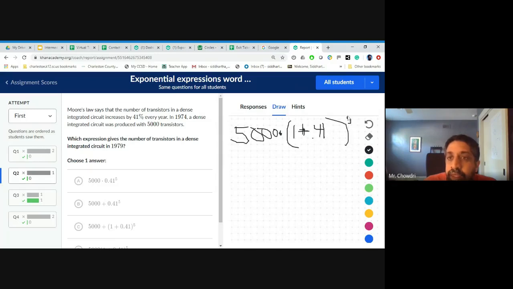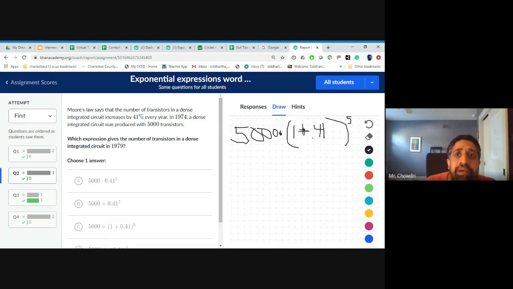Okay, so that gets us 5 years. So it's this times 1.41 to the fifth power. So it's that times that point many times, and so it gets bigger and bigger.